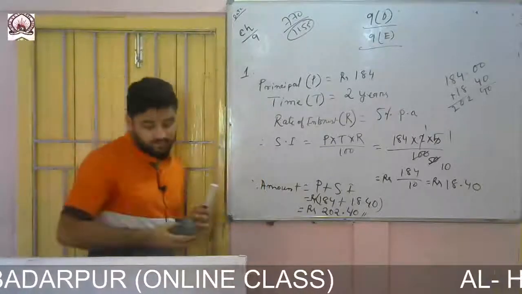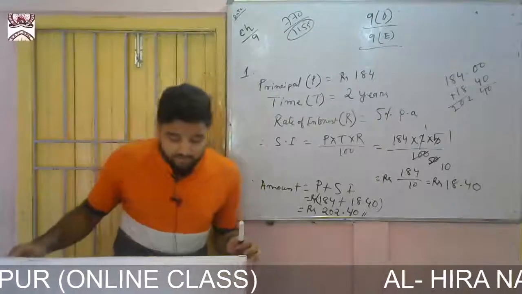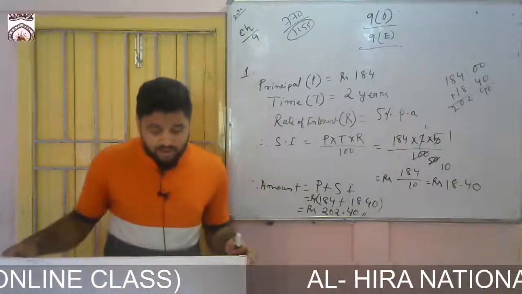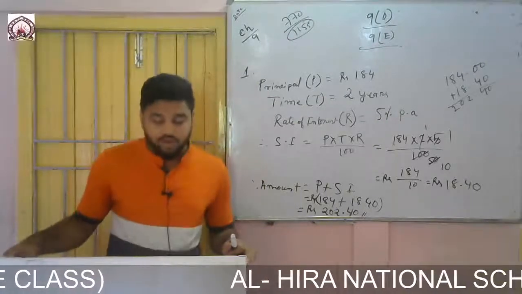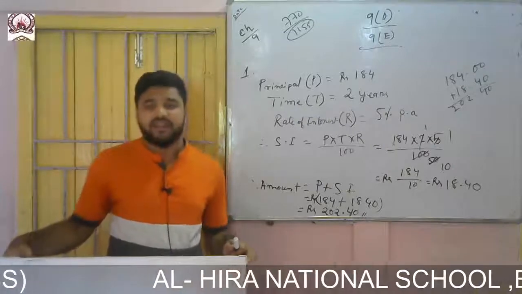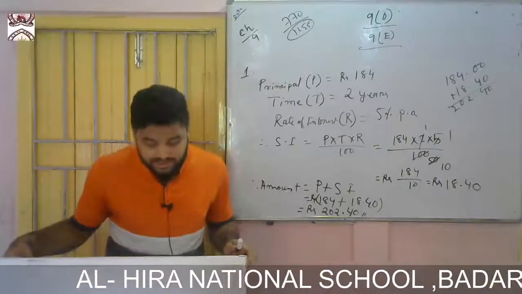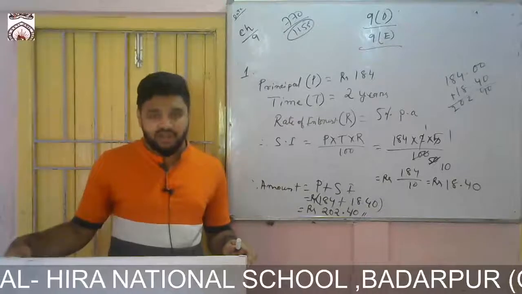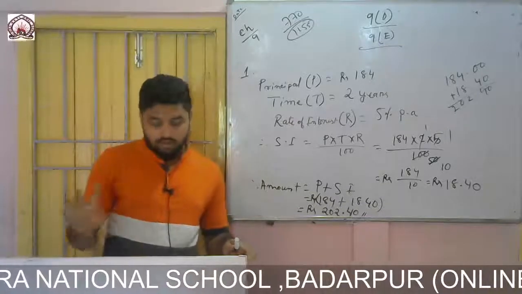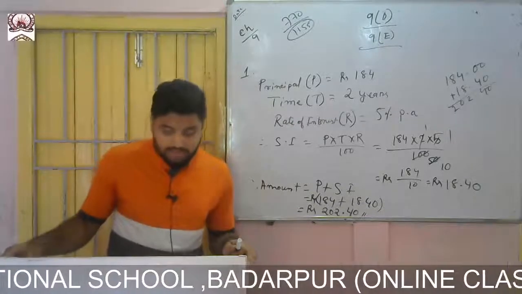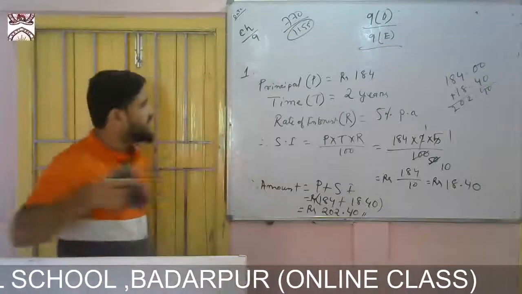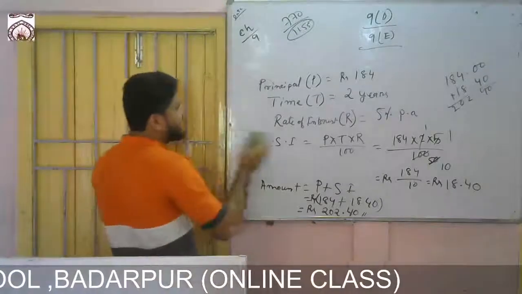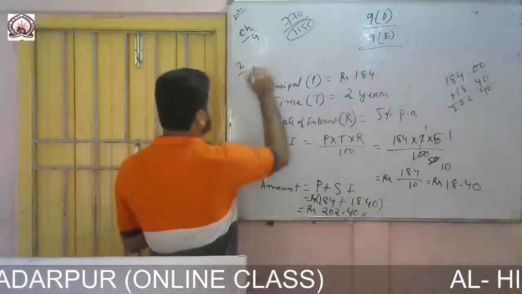Number 2, you see: rupees 600 for 5 years at 12 1 by 2% per annum. Here the rate of interest is given as a mixed fraction, so we shall convert it into a fraction.